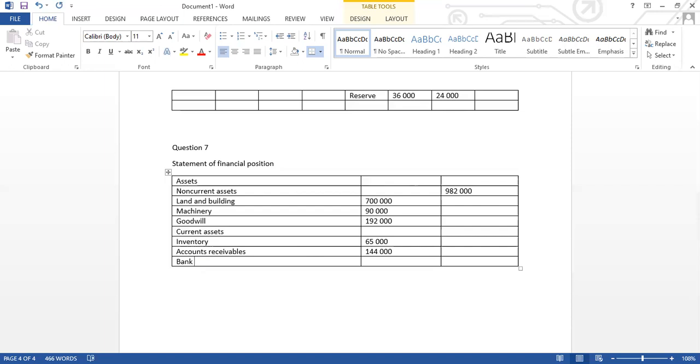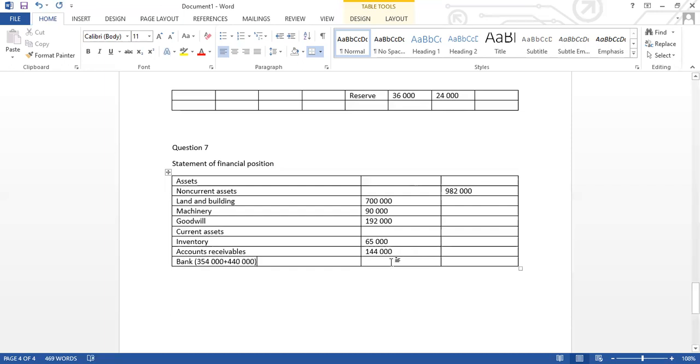Now in this case, remember our bank also increased. If you check in our general journal, when Parker contributed 440,000, what happened to our bank? It increased. Are we together? So in this case, our bank balance was first 354,000, as per the old statement of financial position, and then we added 440,000 that was deposited into the bank account.